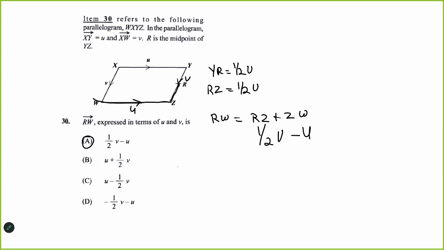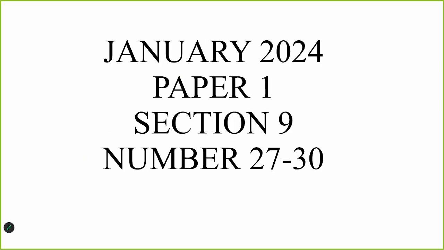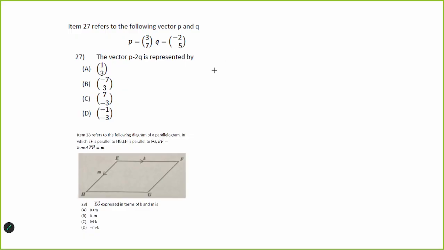And that is the end of May, June 2024. Let's look at January 2024. P, which is (2, 3, 7) minus 2Q. Now, if we know what is 2Q, this would be 2 multiplied by minus 2, and then 2 multiplied by 5. This is (-4, 10).